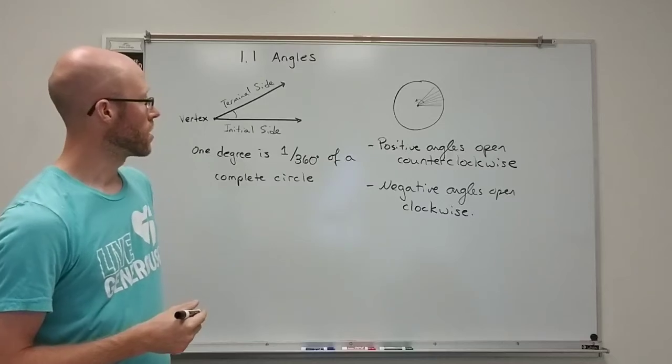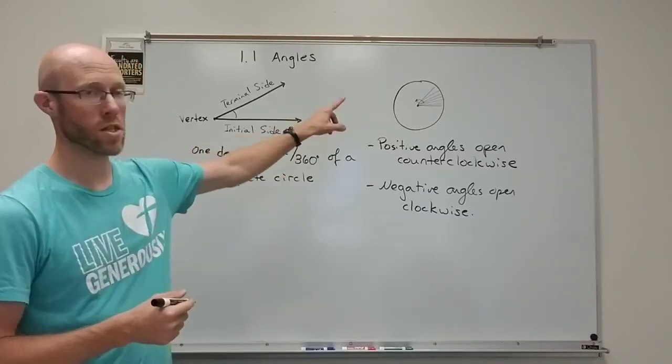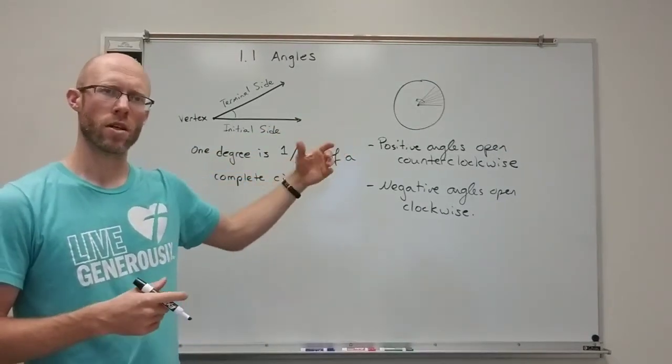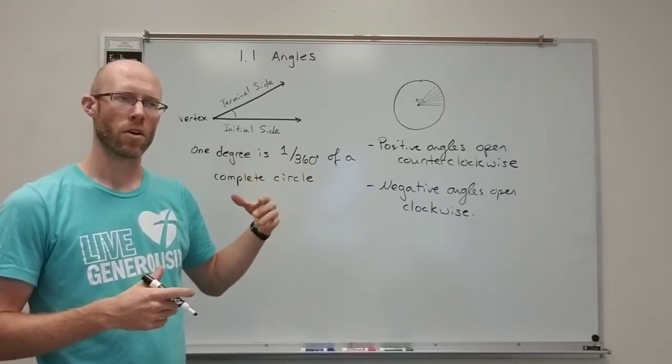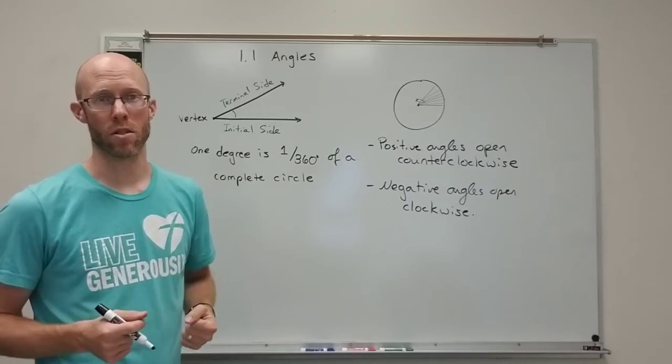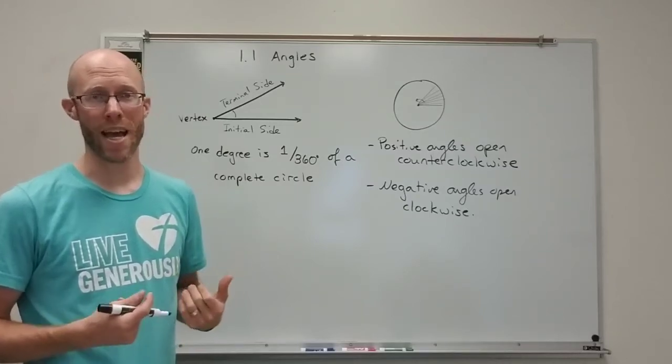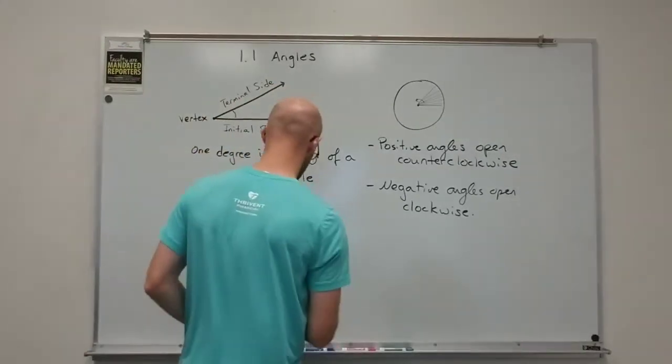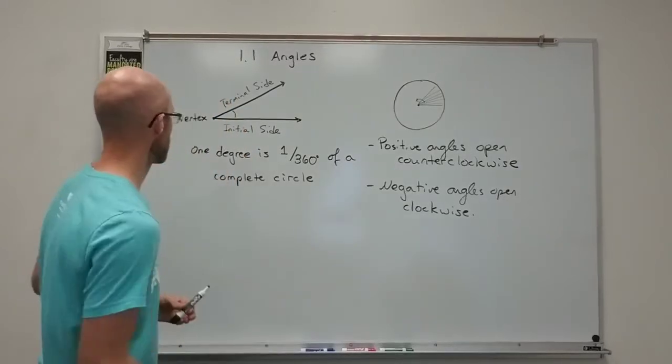Now, if you imagine 360 degrees around a circle, you can think about different fractions of that. Say half a circle would be half of 360 degrees. That would be 180 degrees. Let me erase some of this.